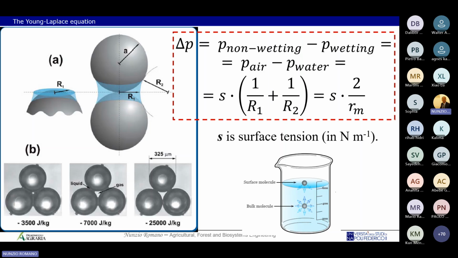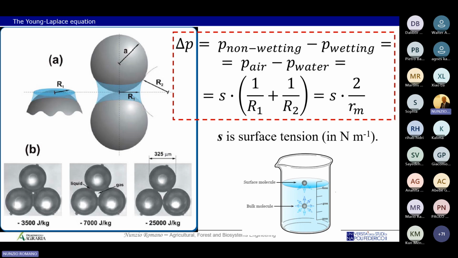This is a property of the two fluids in contact. There is a surface tension between air and water. There is a surface tension between oil and water.